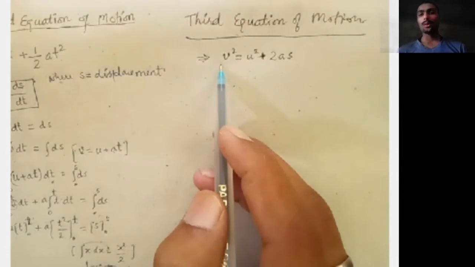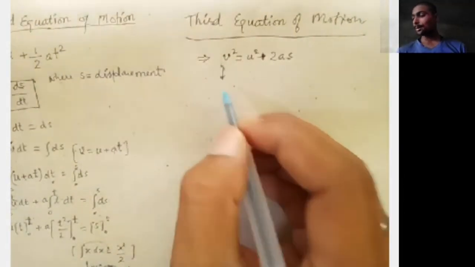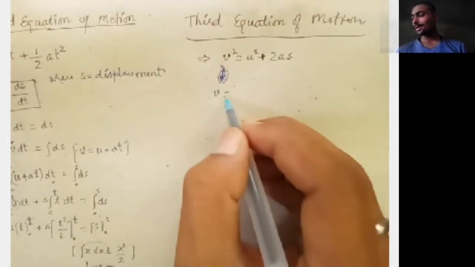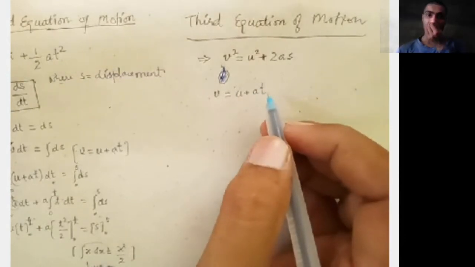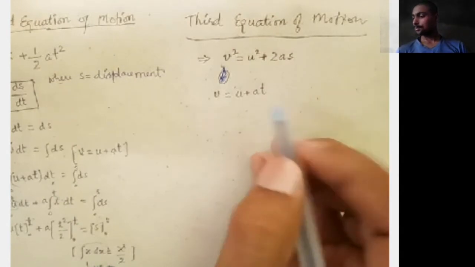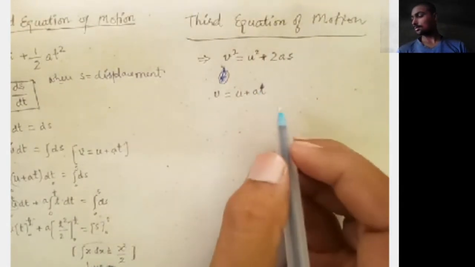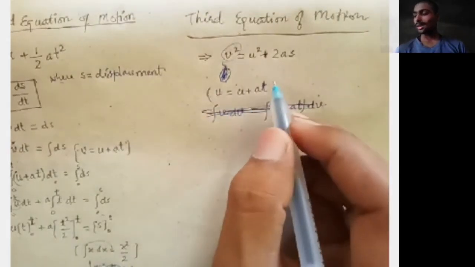See, here is v square. What is the v here? We can simply put the equation of v. Don't worry, we have already the first equation, v equal to u plus at. We are going to square this velocity, right? We can do another thing because that is easier.